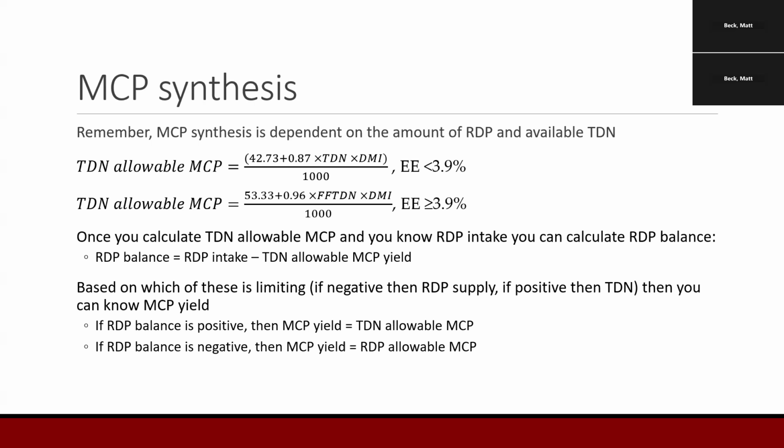So you guys remember TDN allowable MCP? If we know RDP intake, so how much total RDP the animal consumed, and we know TDN allowable MCP, we can calculate RDP balance.